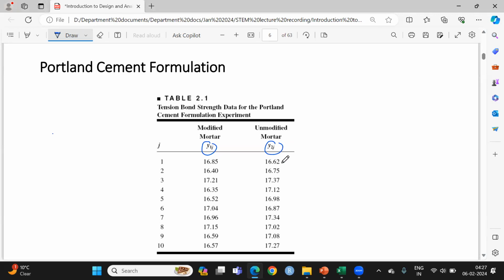Basically, the objective of this study is to see whether tension bond strength differs for the Portland cement formulation experiment. There are two factors, modified mortar and unmodified mortar, and they want to observe whether there is any significant difference between these two groups or not.